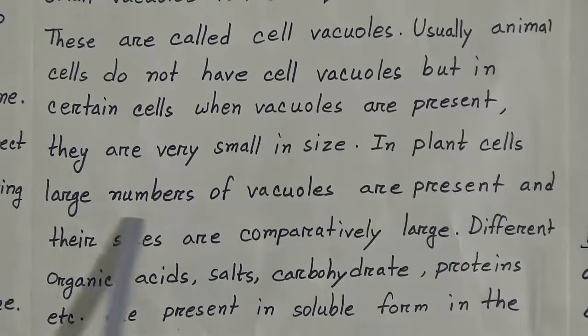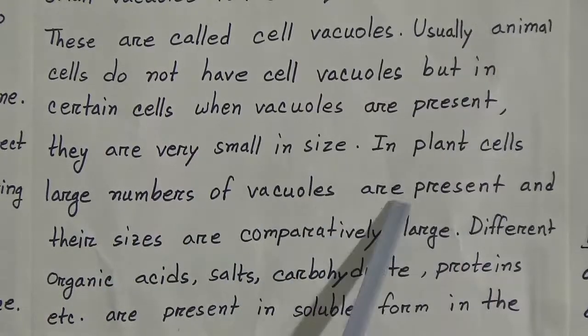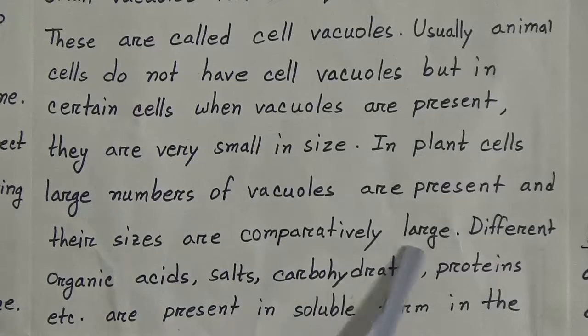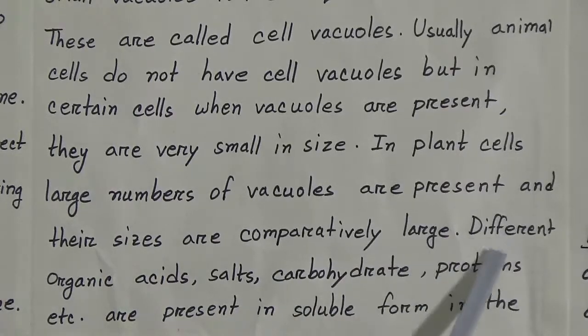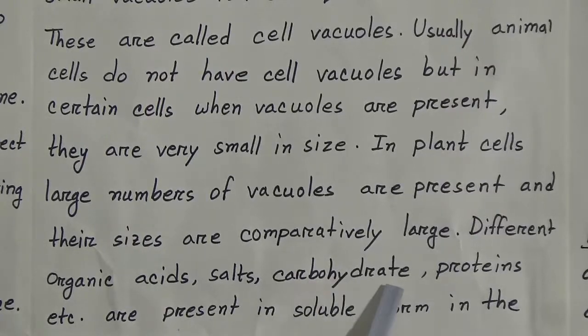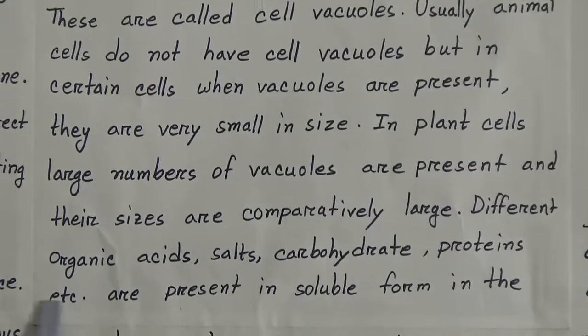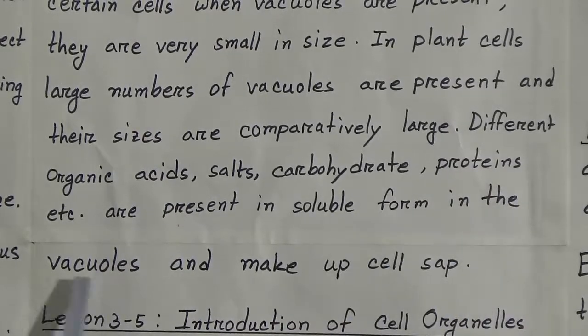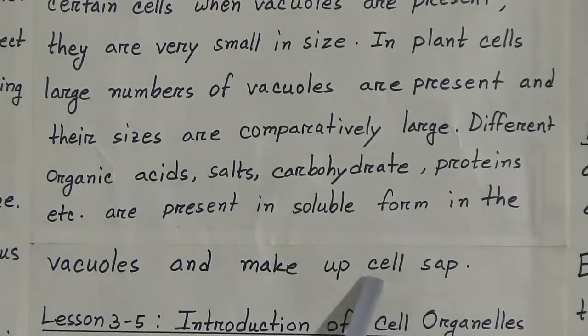In plant cell, large number of vacuoles are present and their sizes are comparatively large. Different organic acid, salts, carbohydrates, proteins, etc. are present in soluble form in the vacuoles and make up cell sap.